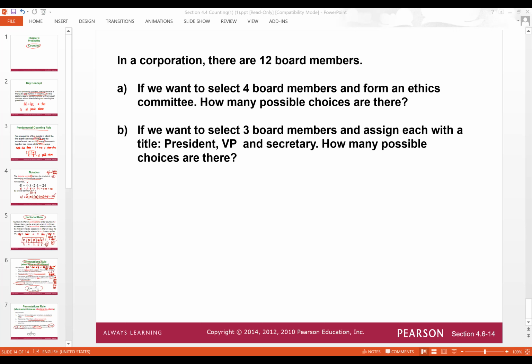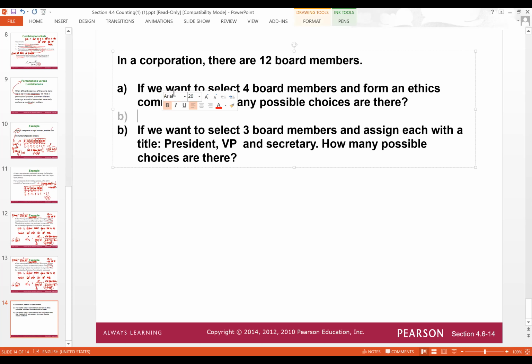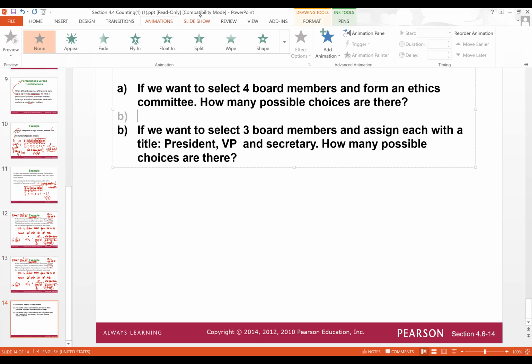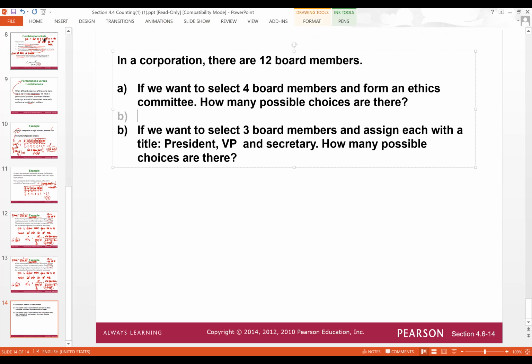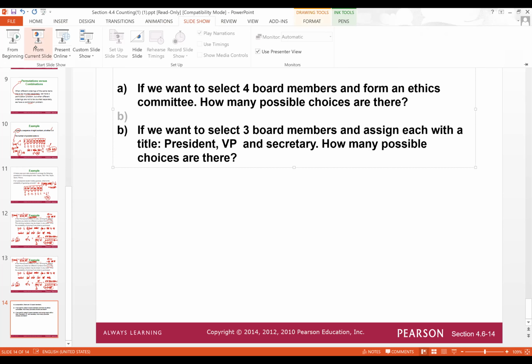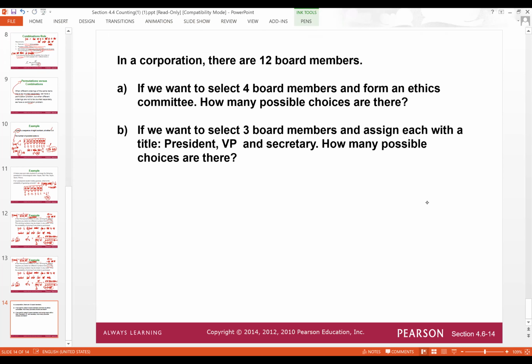Okay, so let's look at the solution for this. For part A, it should be a combination, right? Because we're picking 4 items. Okay, share the screen.